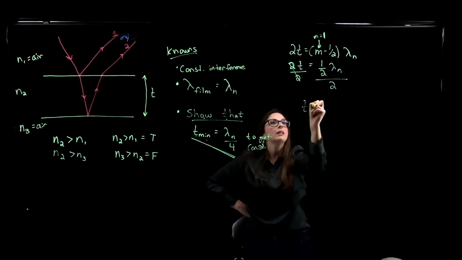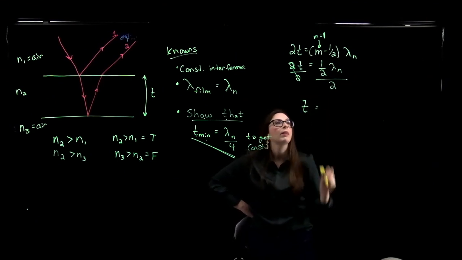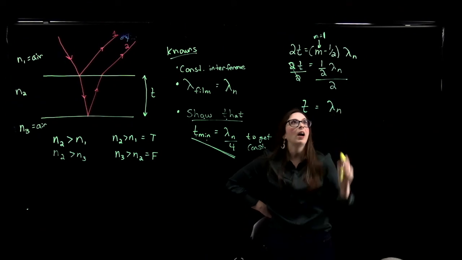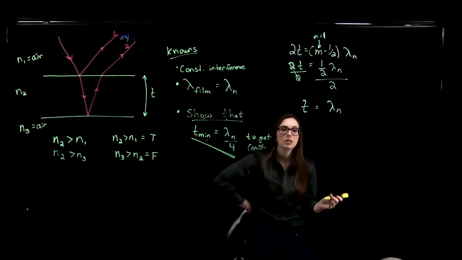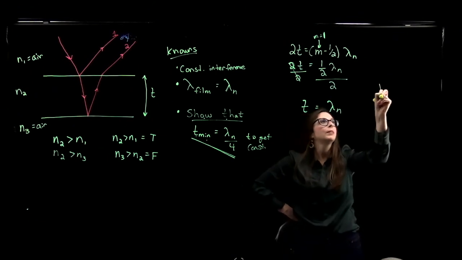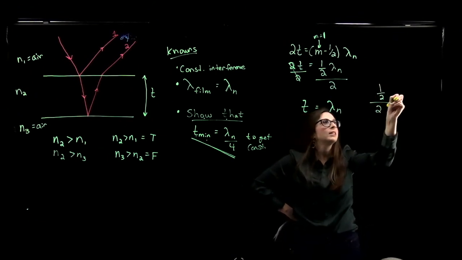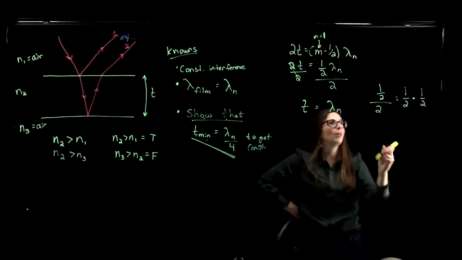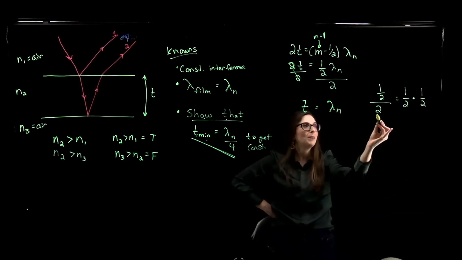So t is equal to lambda n, and then I've got 1/2 divided by 2. That's the same thing as saying 1/2 times 1/2, because when I divide by a number, it's the same thing as multiplying by its reciprocal.